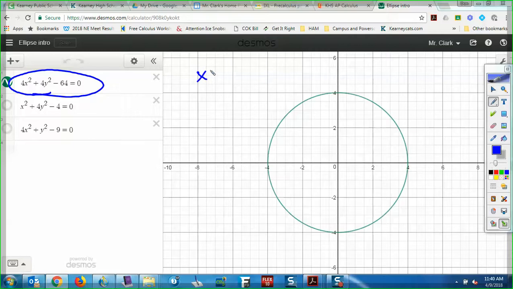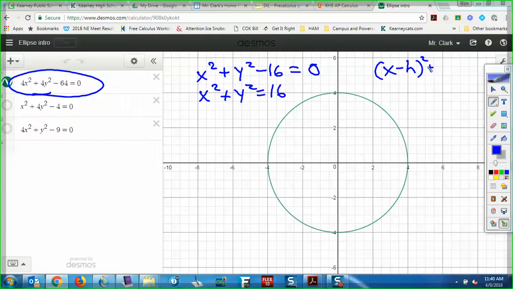I agree. You'd have x squared plus y squared minus 16 equals 0. Then what? Add the 16 over. Because standard form of a circle is x minus h squared plus y minus k squared, all equal to r squared, right? So that would be our standard form.